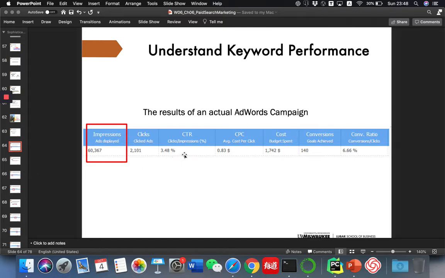By the definition of click-through rate, we use the number of clicks, the second column, divided by the number of impressions, the first column.